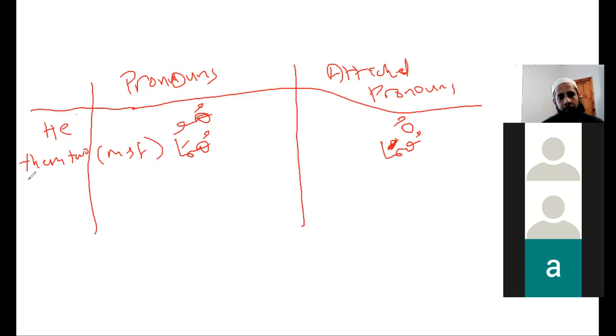Then for them, plural, masculine, what do we have? Hum. And similarly with the attached pronoun, it's hum as well. So kitabuhum. And then for feminine, for she, what do we have?